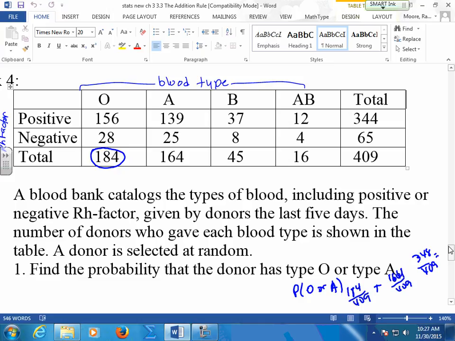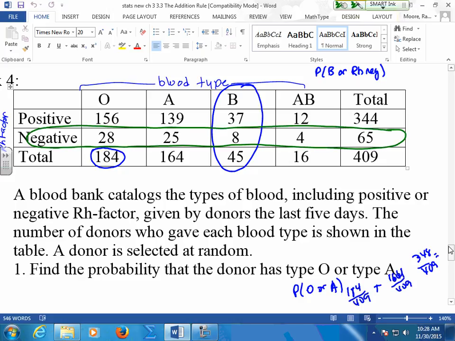Okay, I'm going to have to hold the book for this one. Find the probability that the donor has type B or is Rh negative. Are these mutually exclusive? No, they happen at the same time. Can you be a B and Rh negative at the same time? So watch. Here's all my B's. This is the best way to show it. Here's all my Rh negatives.